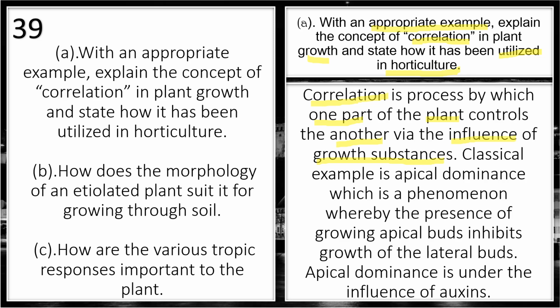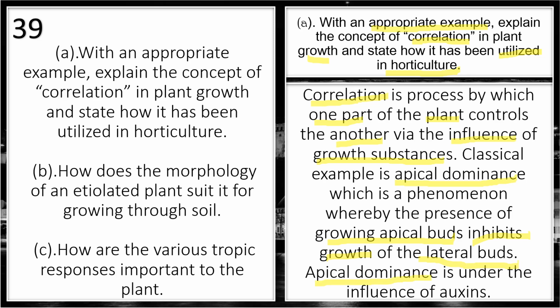Classical example is the apical dominancy, which is a phenomenon whereby the presence of a growing apical bud inhibits the growth of the lateral buds.